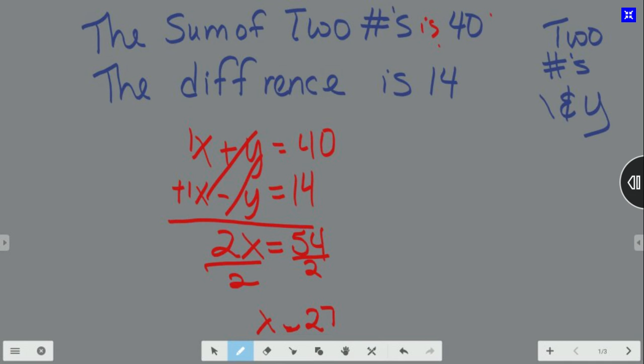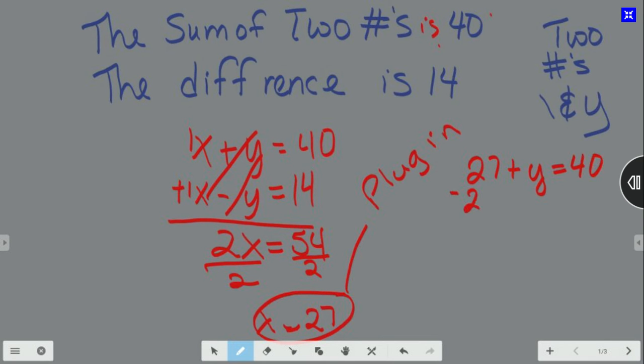All right, so if x plus y is equal to 40, what step do I take after I find one variable? I have to put in y equals 13. So 27 plus y equals 40, minus that 27.